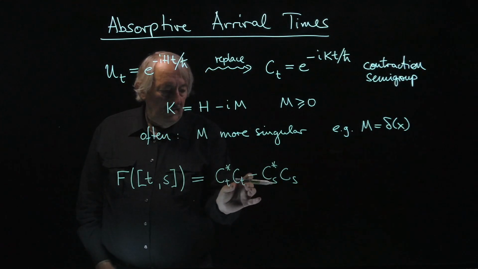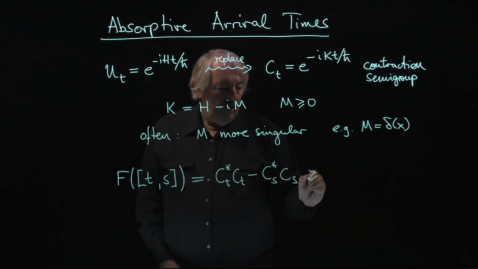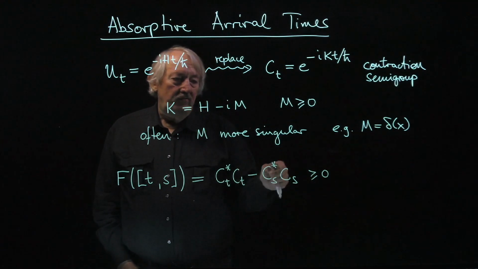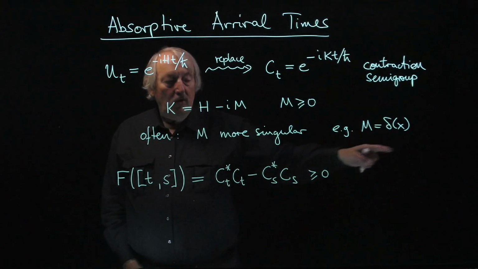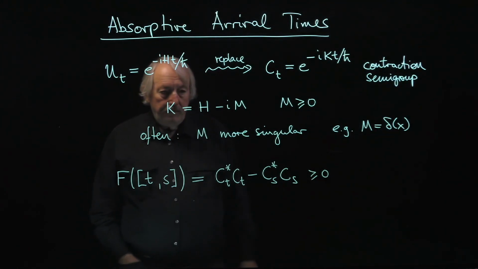Because it's a contraction semigroup, this is smaller than that, and so this is actually a positive operator. And because it's a difference, it's clear that these add up over intervals, so the middle term will just drop out. So this produces a measure.